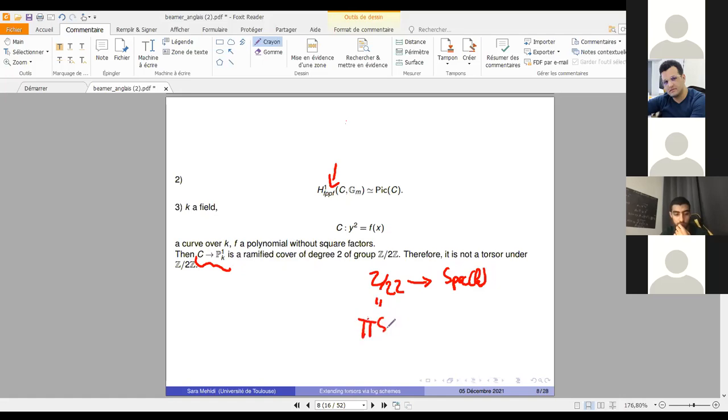So this is two copies of Spec K, with the action of Z over 2Z.